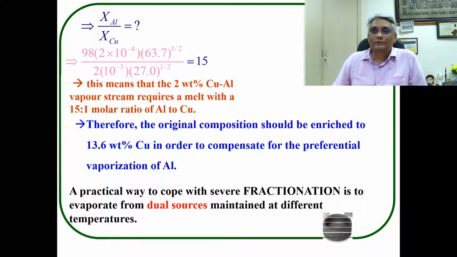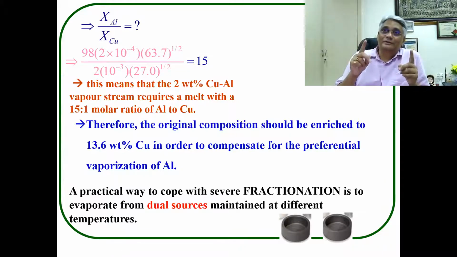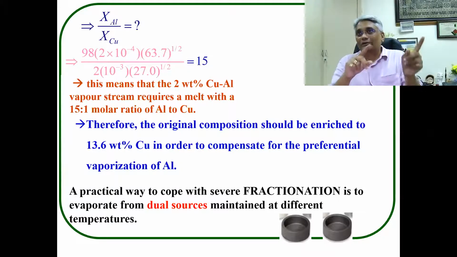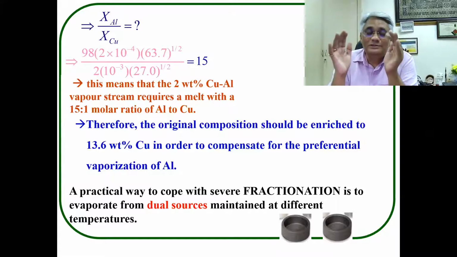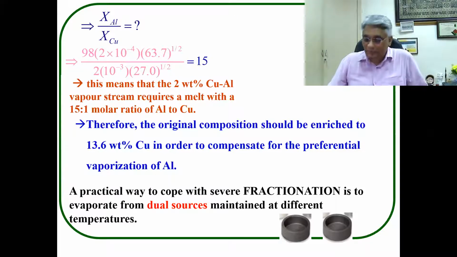So you have two different sources, copper in one and aluminum in the other, and you vaporize them. But just vaporization of copper and aluminum is fine, you also need to control the vapor fluxes. That's the key, and that point is well taken care of in a technique called molecular beam epitaxy.